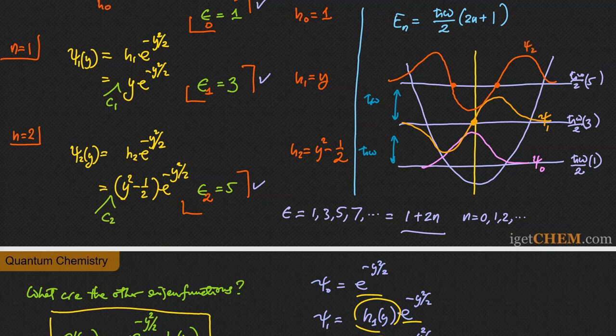Okay. So before we leave this and go to the next part, I want to mention that if you think about what these wave functions actually look like and compare them to the one-dimensional particle in the box wave functions, you see that the particle in the box wave functions also have no nodes in the ground state, the lowest energy state, and then one node in the next higher eigenfunction, and then 2 nodes, and so forth.